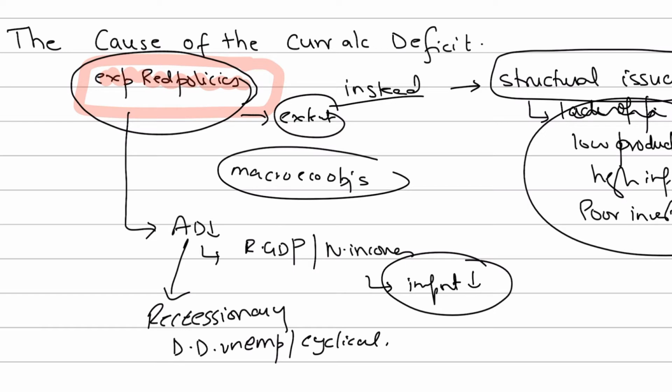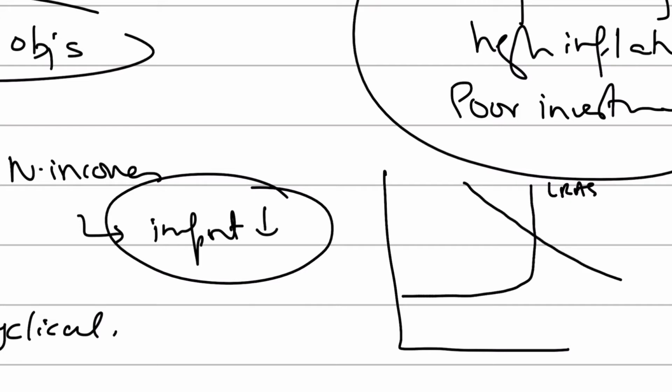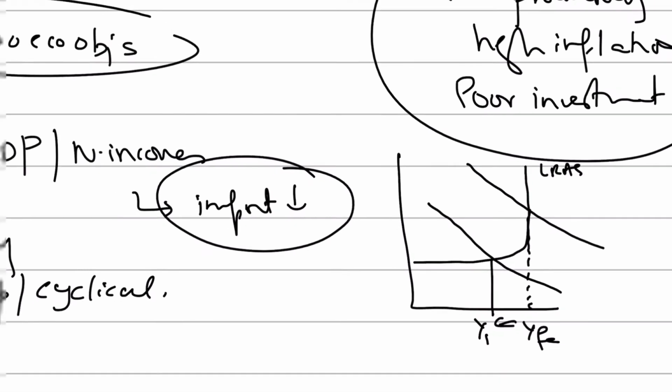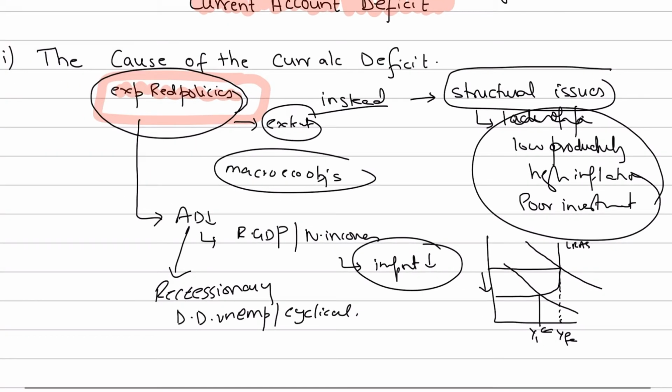So for instance, if you implement huge expenditure reducing policies, that might result in a significant fall in your aggregate demand, causing a huge negative multiplier effect. For example, if this is full employment, your national income would fall to Y1, so there would be a negative multiplier effect involved, and this would result in a recessionary impact, right?